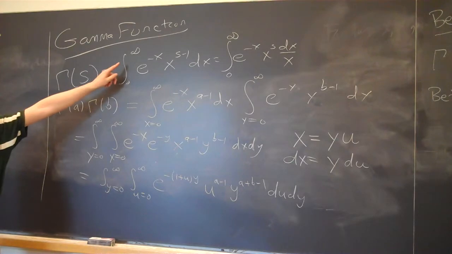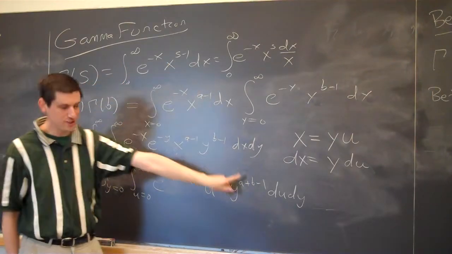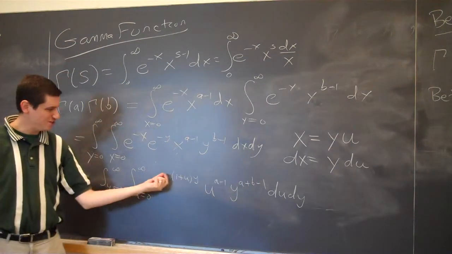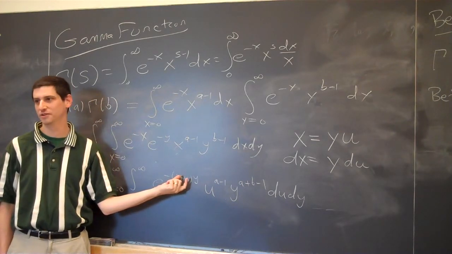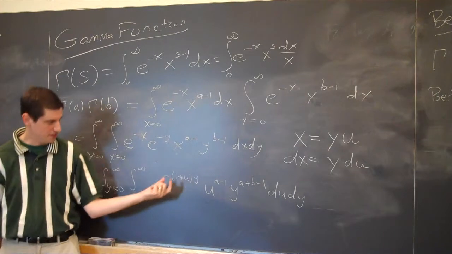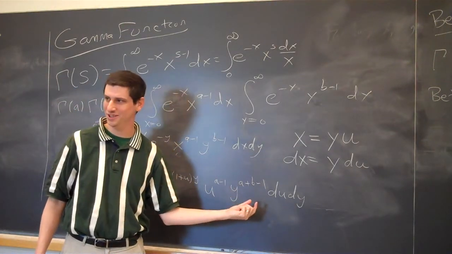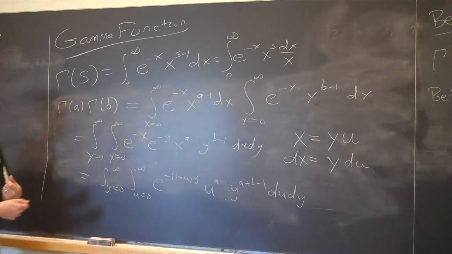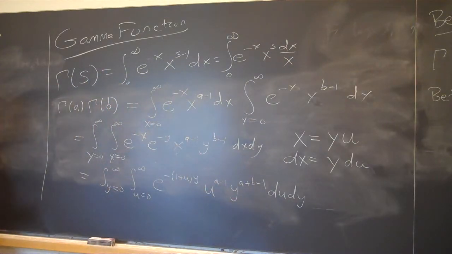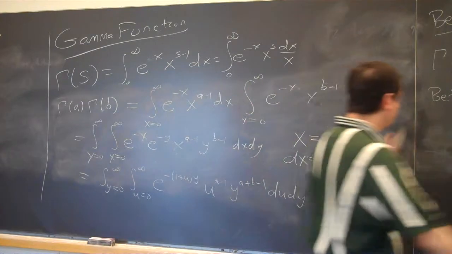Almost looks like a gamma function, except my s is looking like a plus b, that's good, but I should have an e to the negative y. I've got an e to the negative 1 plus u times y. Another change of variables. Let's replace y with y times 1 plus u. I have to switch orders of integration first before I can do that, but I will then be able to set this up and get a beautiful gamma integration.